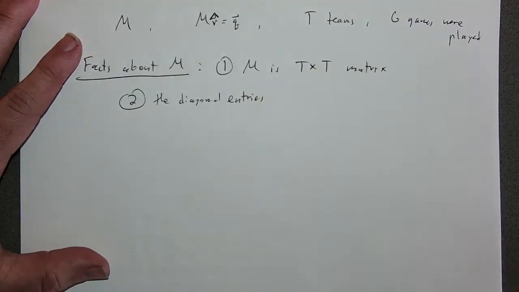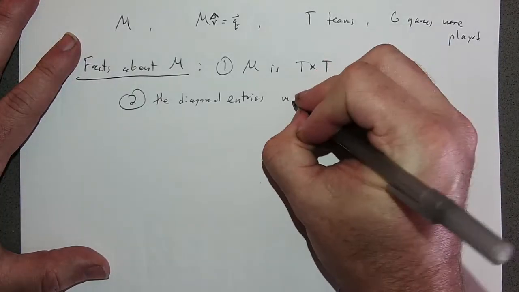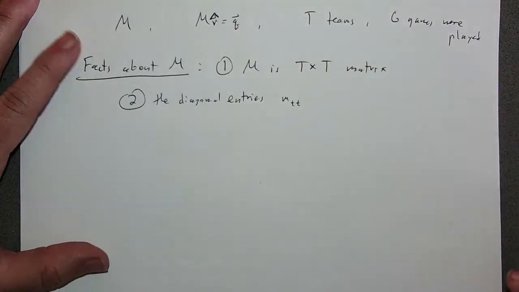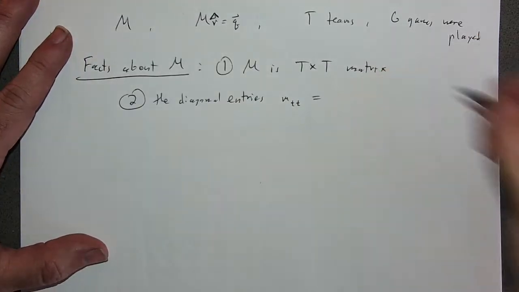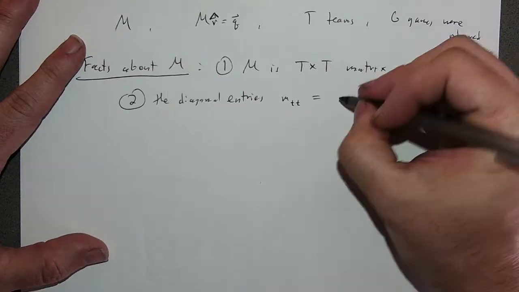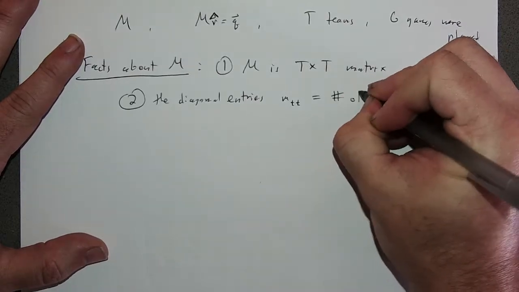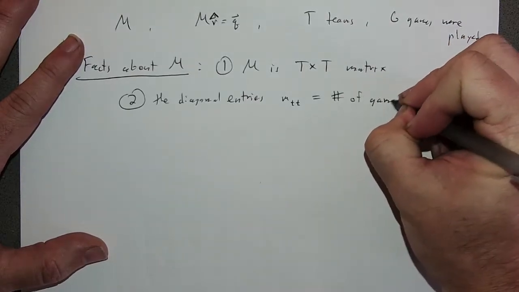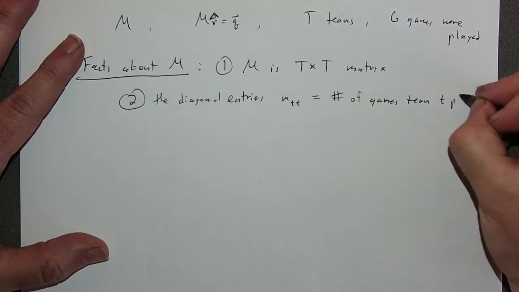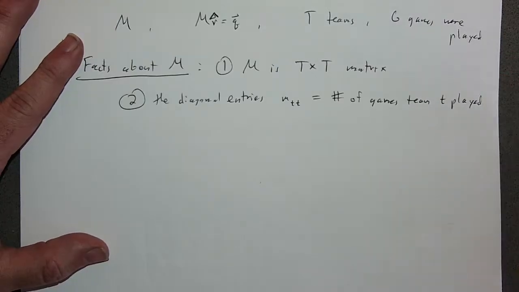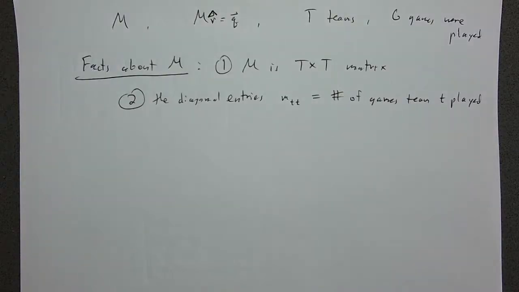The diagonal entries, we'll call them M sub T, corresponding to the team, equal the number of games that team T played. So let's see that this makes sense before I move on.